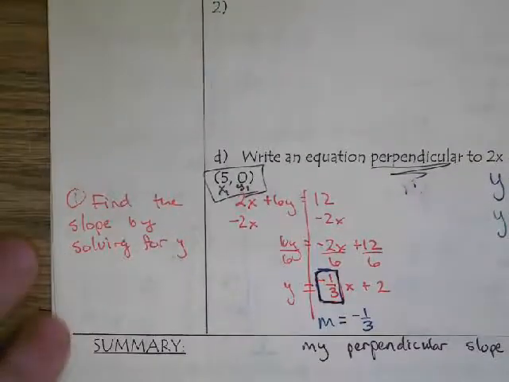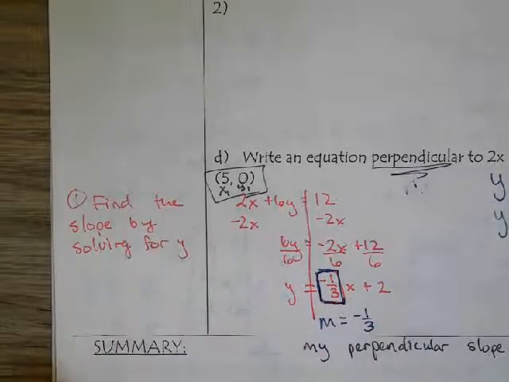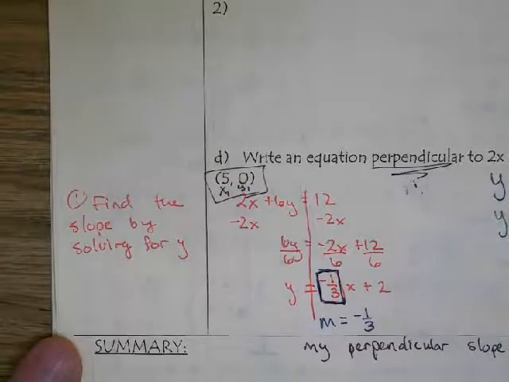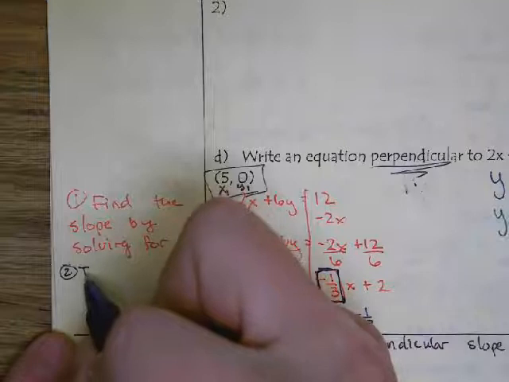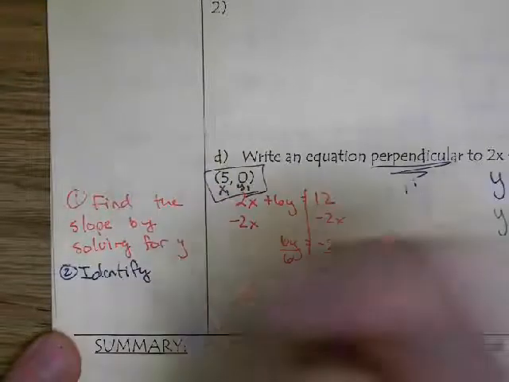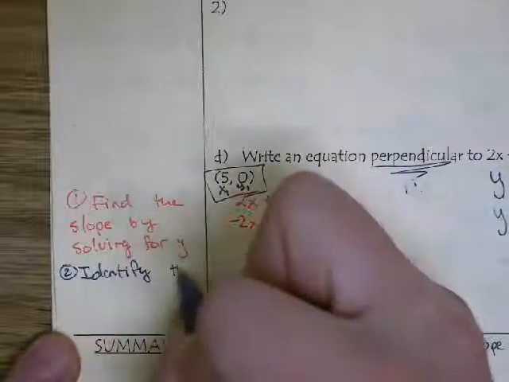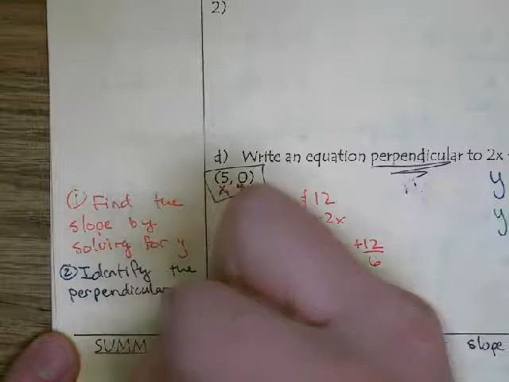So we found the slope. Find the slope by solving for y was our first step. Then our second step was to identify the perpendicular slope.